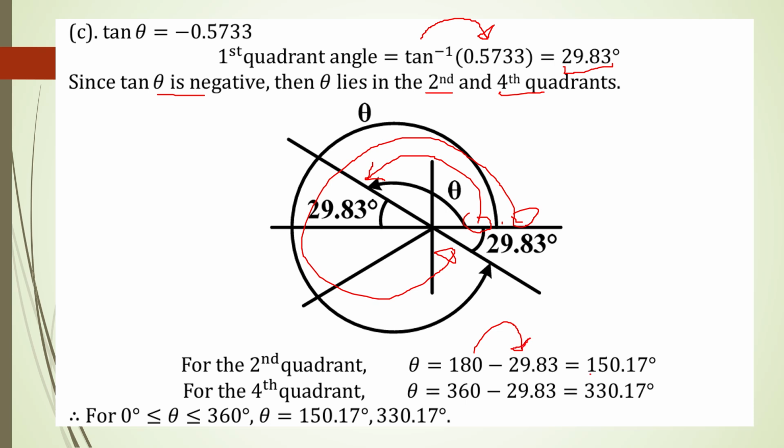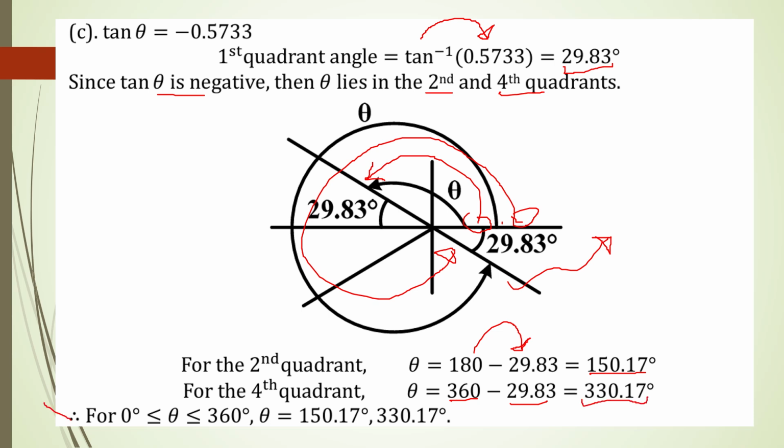So the first angle is going to be 150.17 degrees. And then the second angle is going to come from the fourth quadrant. The expression for finding the angle in the fourth quadrant is 360 minus theta. So it's going to be 360 minus 29.83 degrees, and this is going to give us 330.17 degrees.